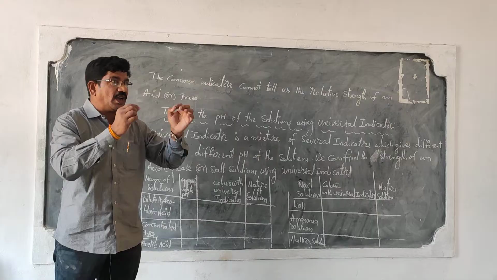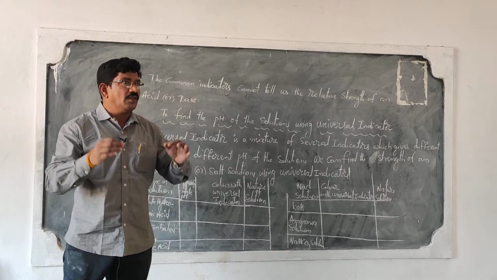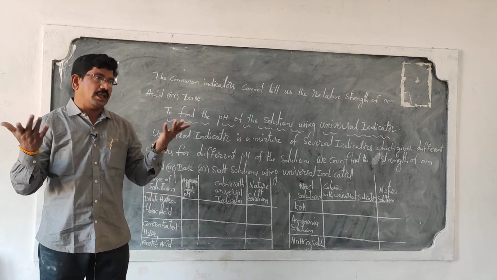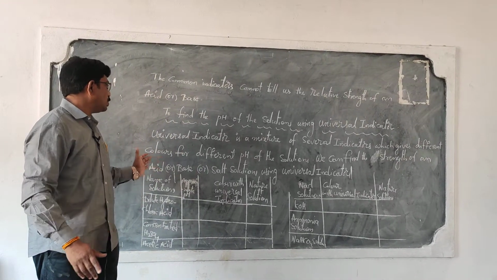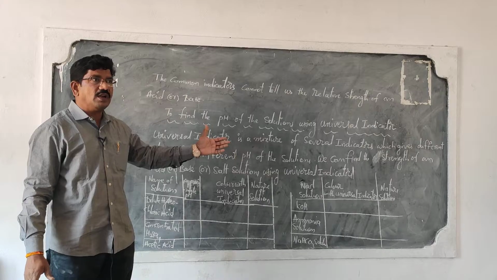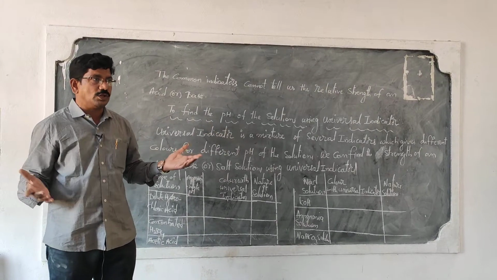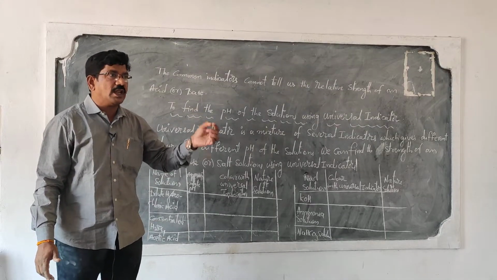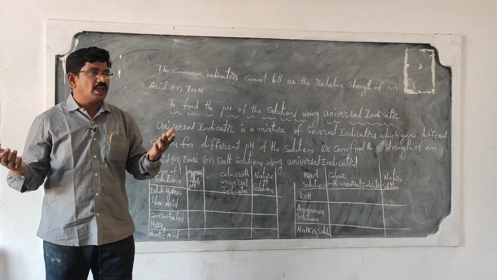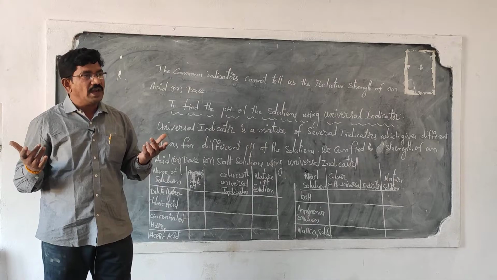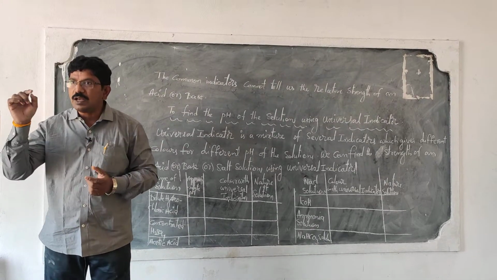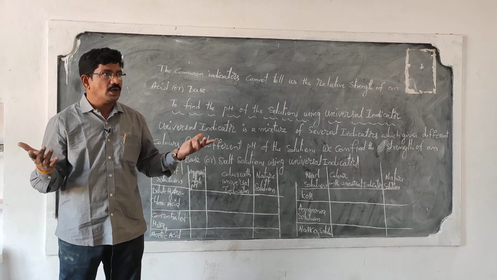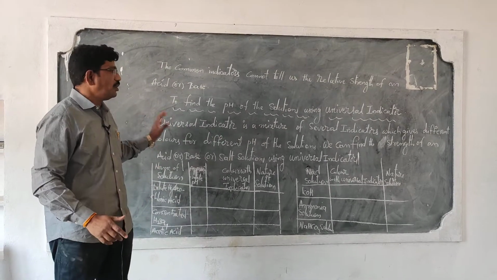It gives different colors in different solutions depending on the pH. So with the help of universal indicator, we can find out how acidic or how basic the solution is, or whether the solution is neutral.